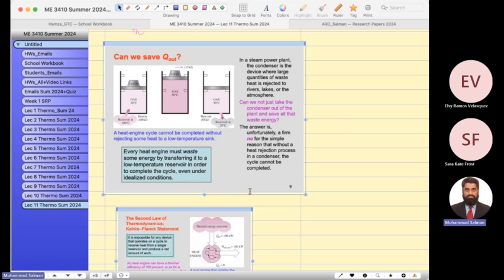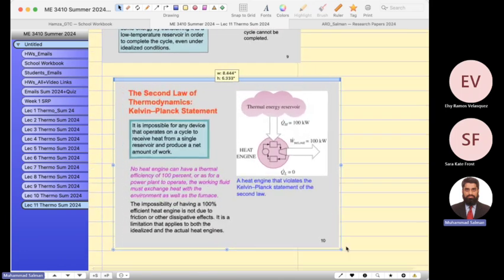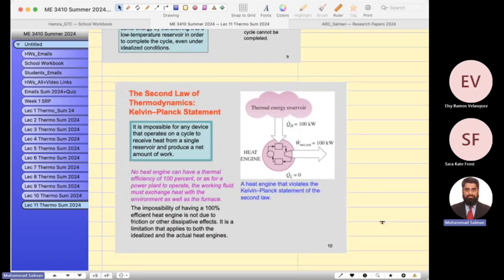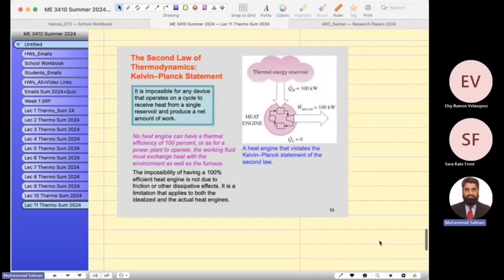The second law states that you cannot get a work output unless you lose heat to the environment. If you do not reject the heat to the environment, then this is impossible. This violates the Kelvin-Planck statement.